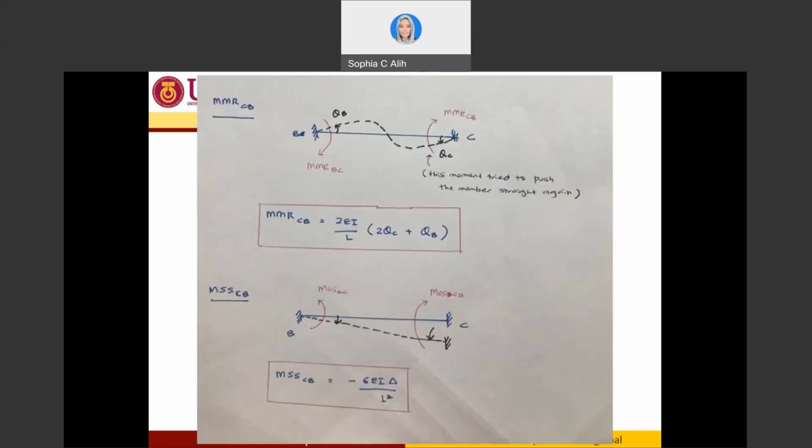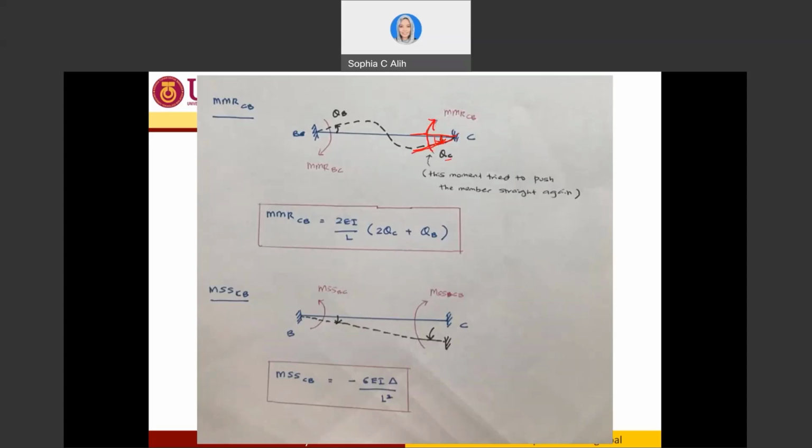Now, similarly to what we did for MMR BC, for MMR CB, the moment due to member rotation at the end of CB, the member rotated counterclockwise, because this is the original position of the beam, and it rotated counterclockwise by delta C with the theta C. So the moment due to member rotation is going to try to push the member back to the original position.